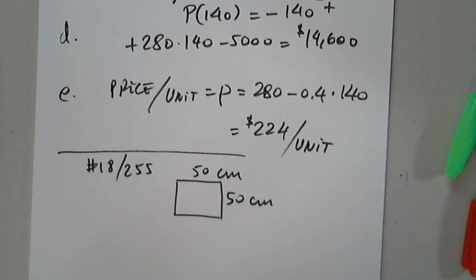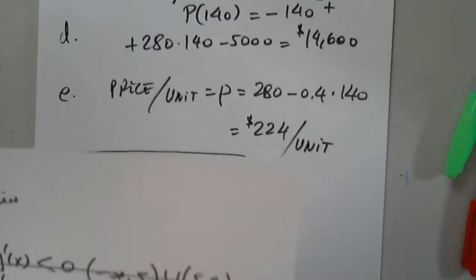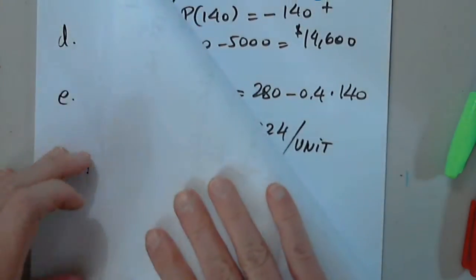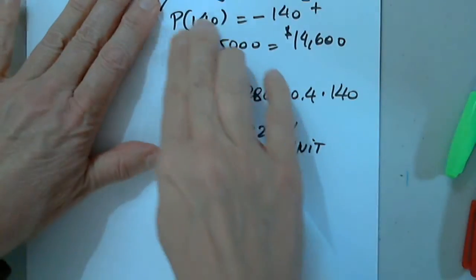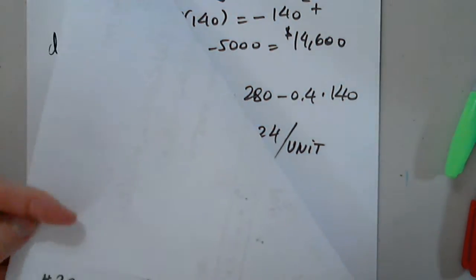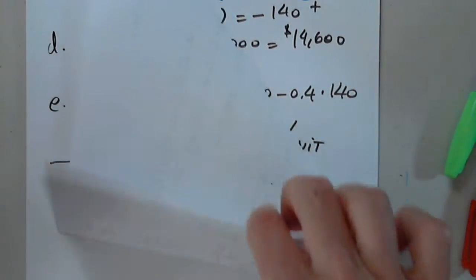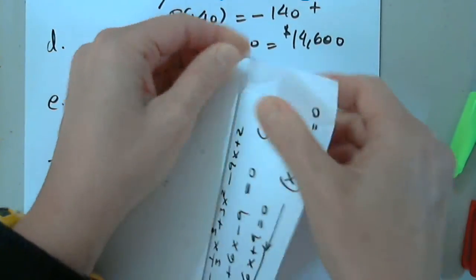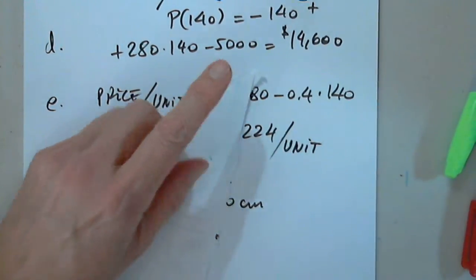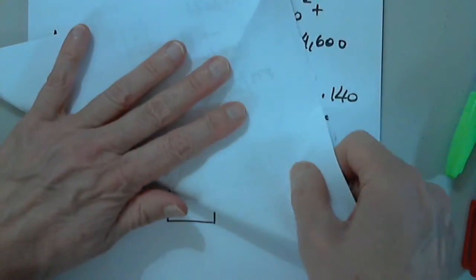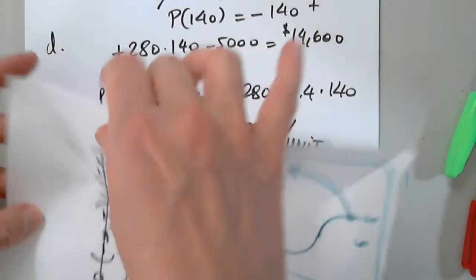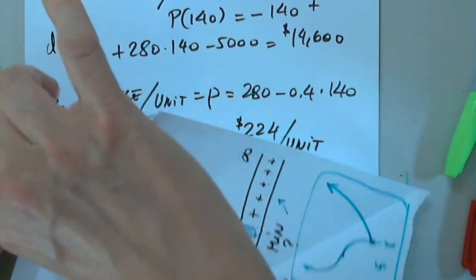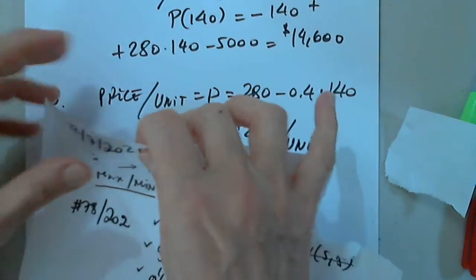So this is a square, right? We know that this is a square piece of aluminum. So imagine that this is 50 by 50. And now I remove square corners from each.